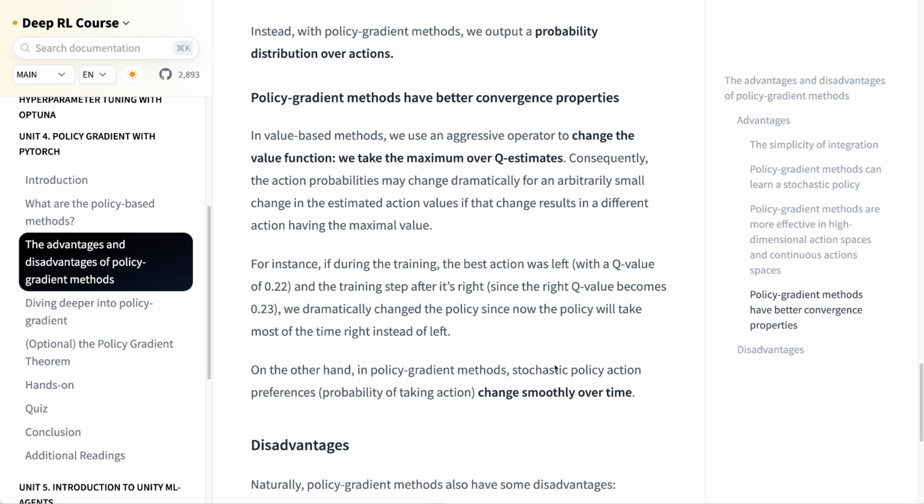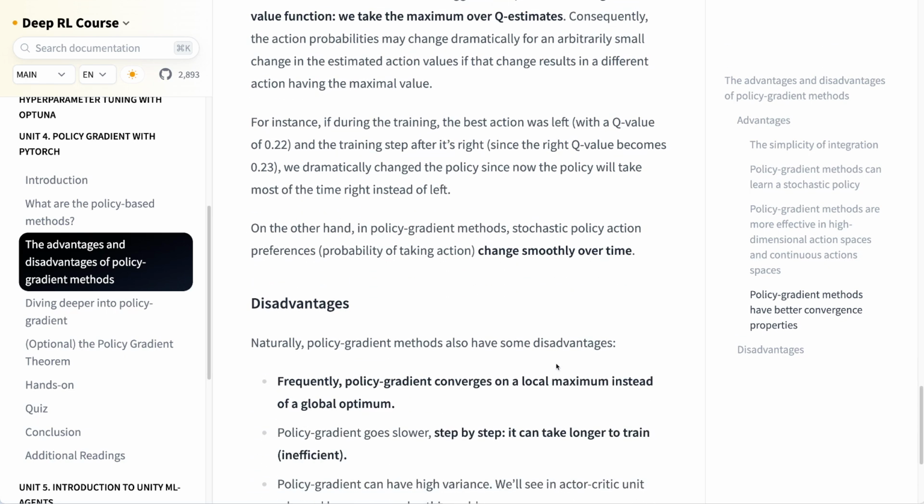For instance, if during training the best action was left with a Q value of 0.22, and the training step after it's right, since the right Q value becomes 0.23, we dramatically changed the policy since now the policy will take right most of the time instead of left. On the other hand, in policy gradient methods, stochastic policy action preferences, the probability of taking an action, change smoothly over time.